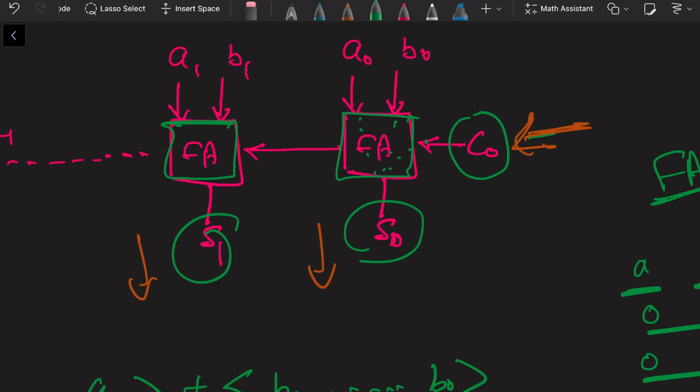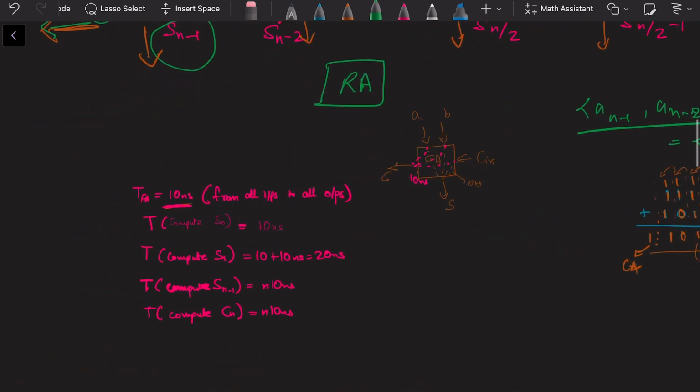So the time it takes to compute S0 is going to be 10 nanoseconds, and the time it takes to compute this carry out is also 10 nanoseconds. Which is what I've written here.